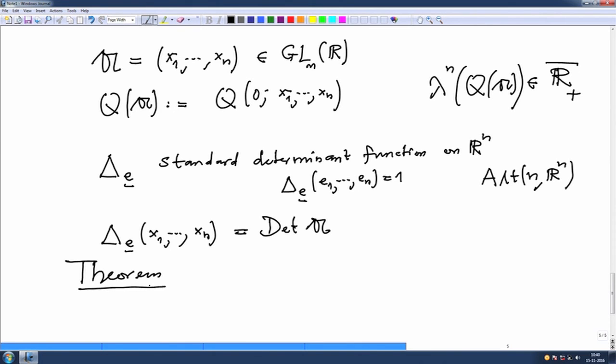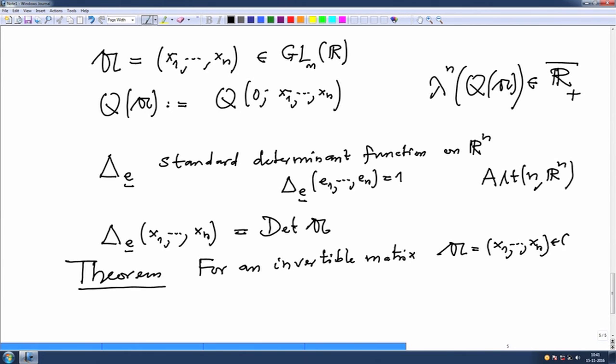This theorem says, for an invertible matrix A with column vectors x1 to xn, in GLn(R), the volume of the parallelepiped associated to A, that means associated to these column vectors x1 to xn, is nothing but the modulus of the determinant.